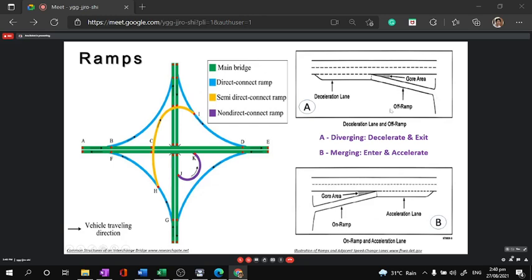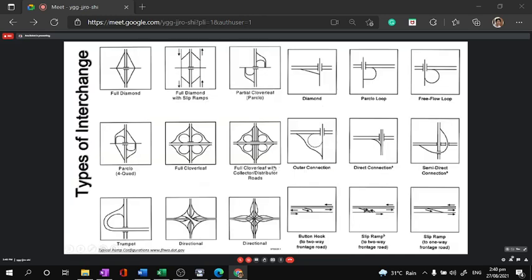And this is called the diverging area, decelerating area, and exiting area. Now we also have the on ramp so you can merge and then enter the main street flow of the highway. So this is the on ramp, acceleration lane, and then merging with the flow of the traffic stream on the upper main road area. So again, there's the gore on the right side. Okay, so these are the different types of interchange.